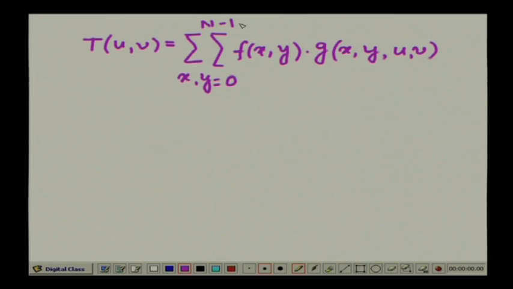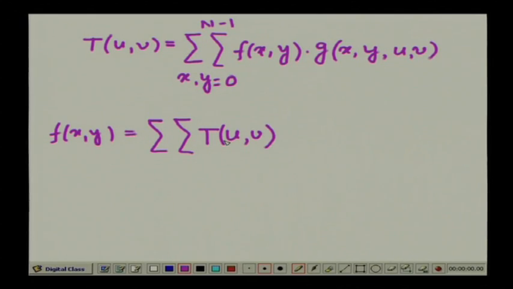We are assuming that our two dimensional signal f(x,y) is an N by N array, and the corresponding inverse transformation is given by f(x,y) equals the double summation.